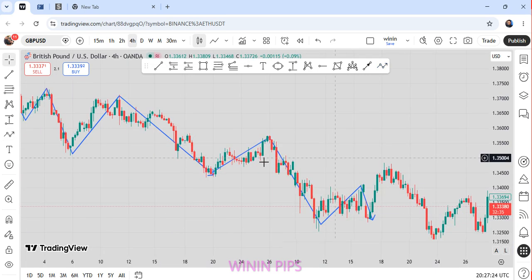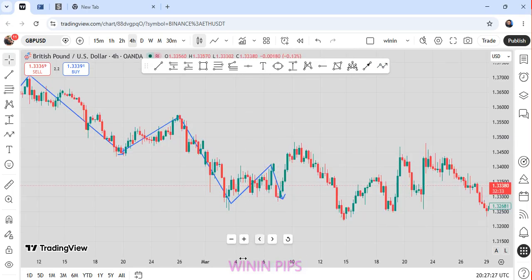When you look at it, you can see this downwards move couldn't break this particular point. So it seems they are on the same level. When you get that, you have something you call a double bottom. As we go further into details throughout this course, you get to know all this.